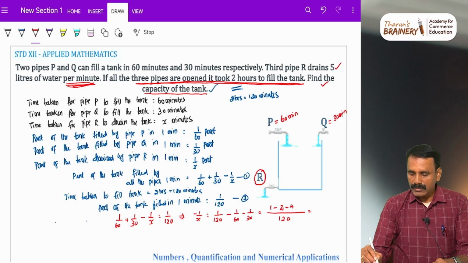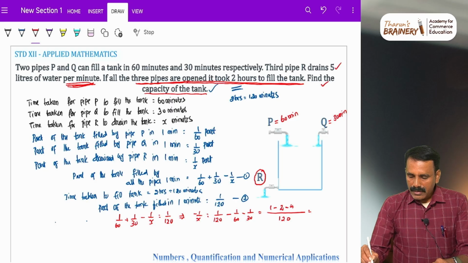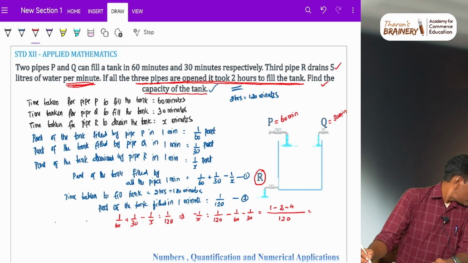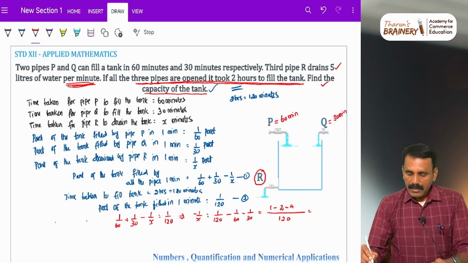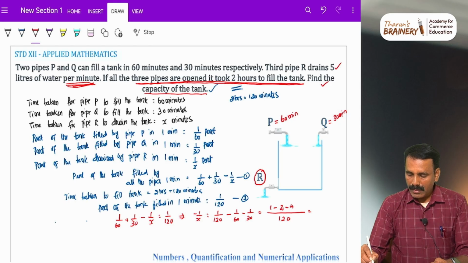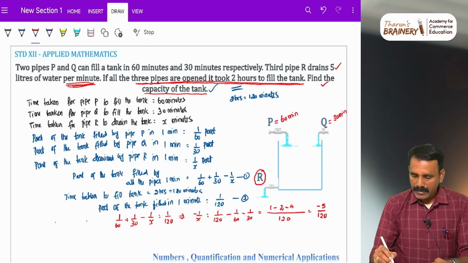So, which is equal to, when you simplify, the expression will be minus 5 by 120. So, minus 1 by x is equal to minus 5 by 120.